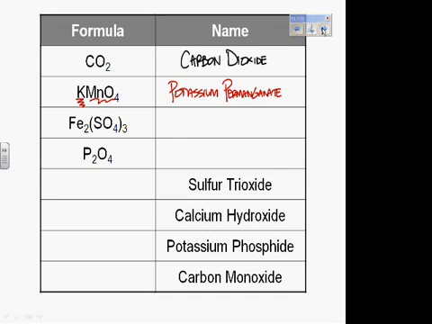All right, the next one here. Does it have a metal in it? Yes, it does. Iron. Does iron form more than one kind of charge? It's got a metal in it, so it's an ionic compound, and we're talking about charges again now. Iron forms more than one kind of ion, so I need to say which one it is with a Roman numeral, and it's paired up with this polyatomic ion. That is sulfate, and it can be found on your green sheet.